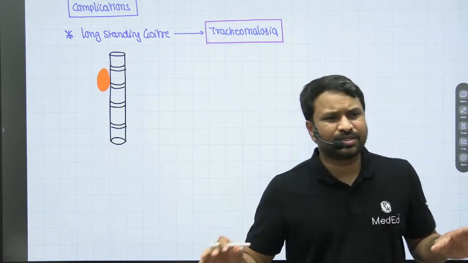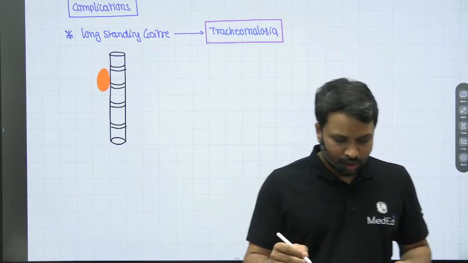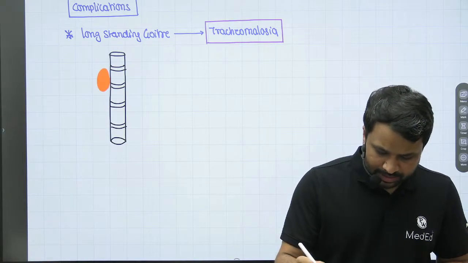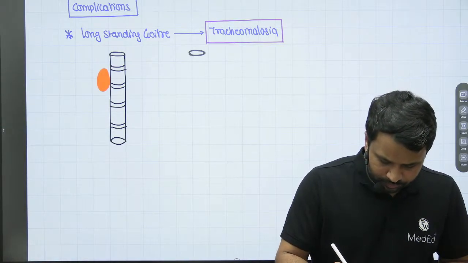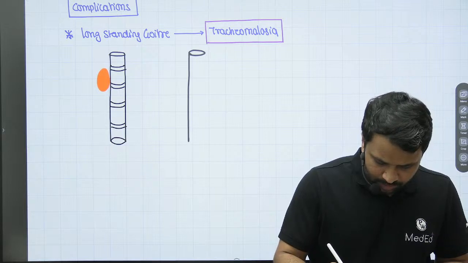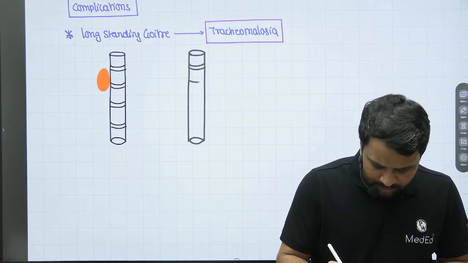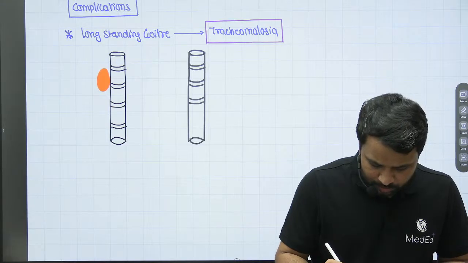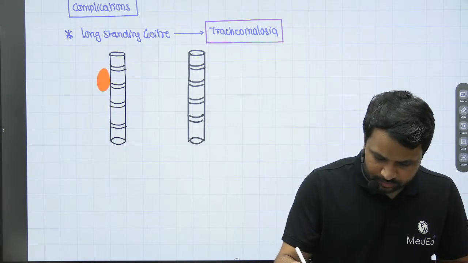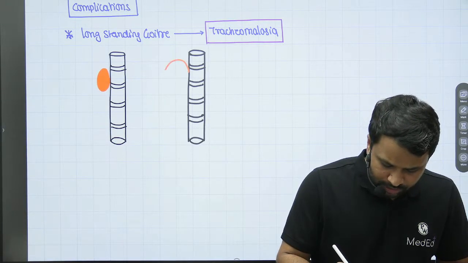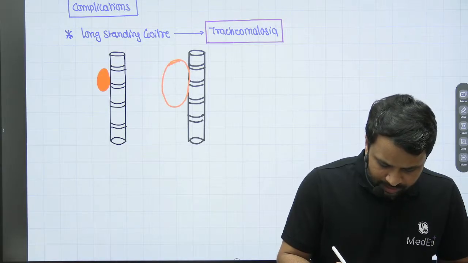When it was this size, it was not causing any problem. Today, the thyroid gland has enlarged. Now this enlarged thyroid gland is going to exert more pressure onto the trachea.